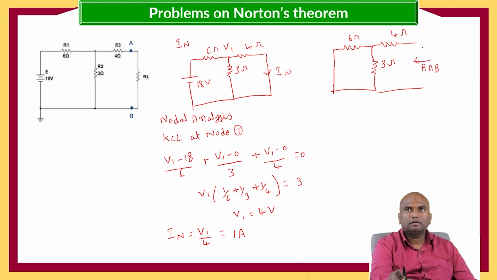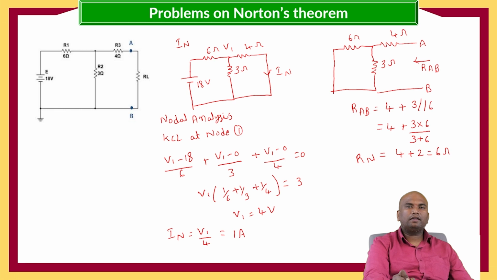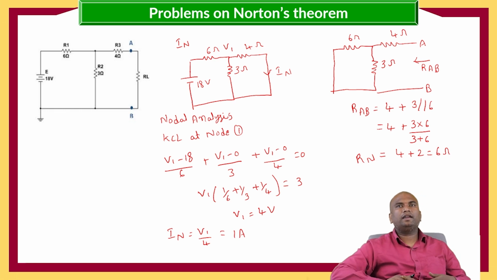RAB is equals to 4 in series with the parallel combination of 3 and 6. 4 plus 3 into 6 by 3 plus 6, which is equals to 4 plus 2, which is 6 ohms. So now we got Rn and In value. If we know the Rn and In value, we can easily calculate the load current for different values of load resistance.